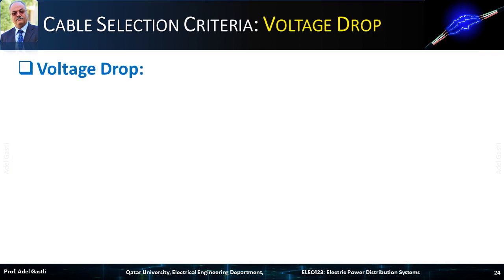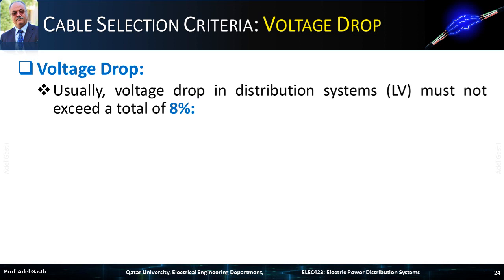The next step is the voltage drop calculation and checking if it is within the accepted limit. Usually, voltage drop in low voltage distribution systems must not exceed a total of 8% the nominal voltage. This 8% is the result of accumulated voltage drops in different elements of the system. For instance, voltage drop in the transformer is around 1%.